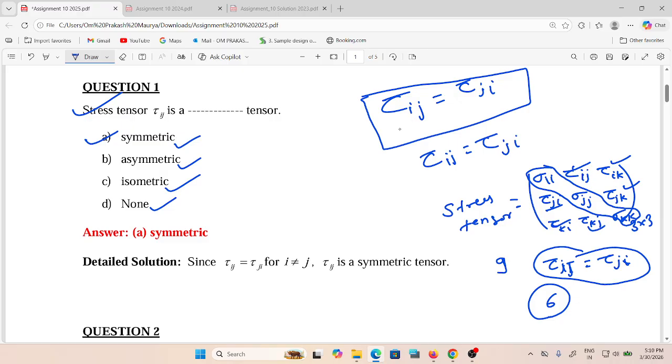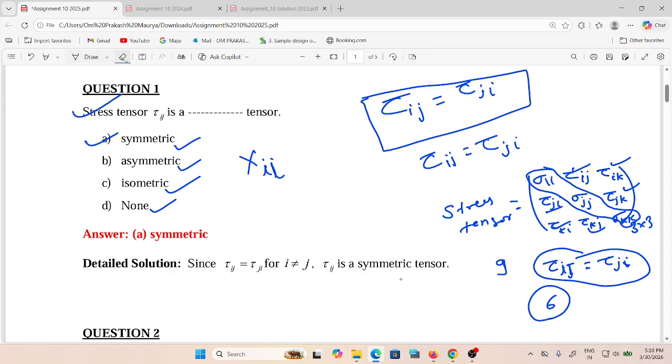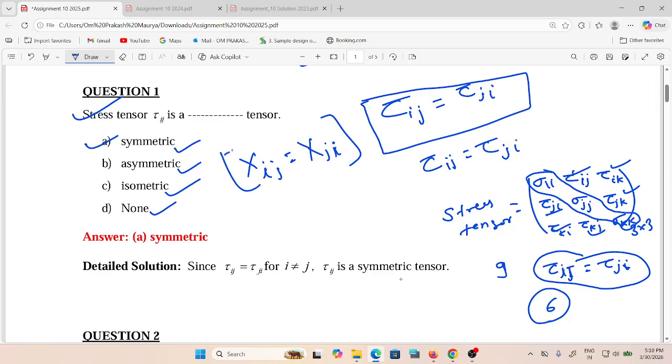Means if you are able to write something, let us suppose x ij is equal to x ji, if these two things are similar, so we can say this is your symmetric one.